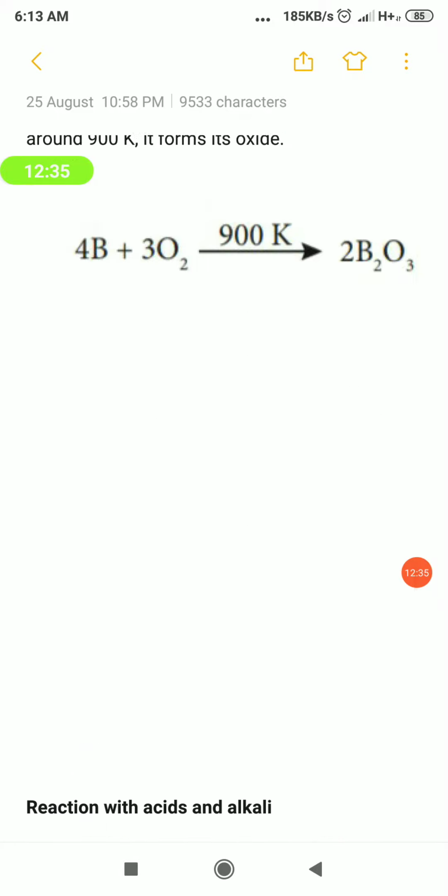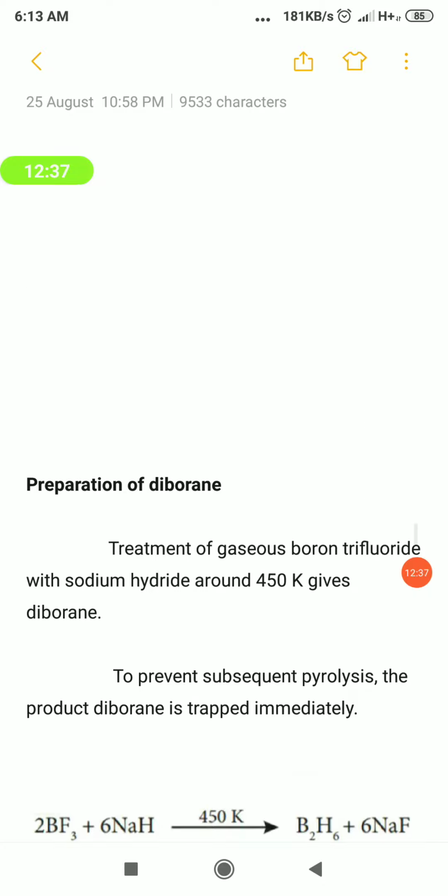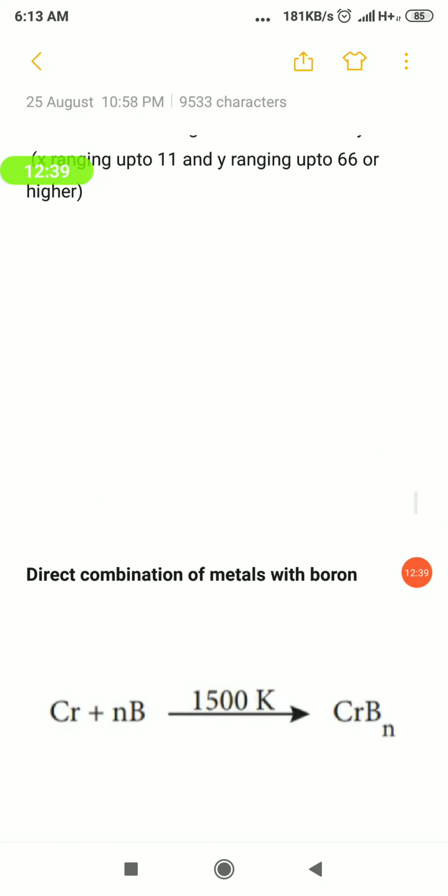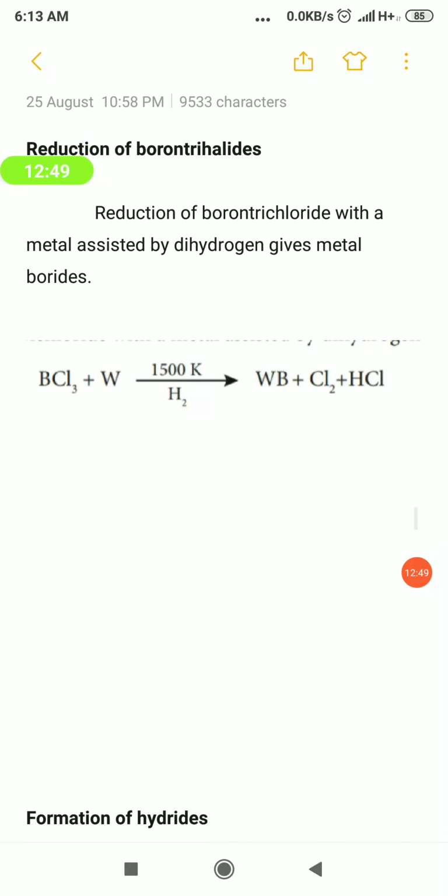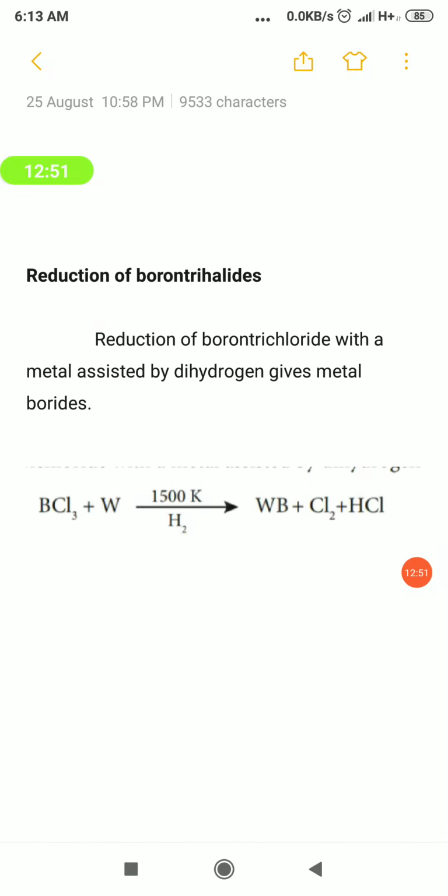So what are the properties we have seen for boron? The first property is the formation of metal borides. When boron reacts with metals, the resultant compound is called a boride. Next we saw the reduction of boron trihalides. When boron trihalides are treated with a particular metal, the BCl3 will be reduced.